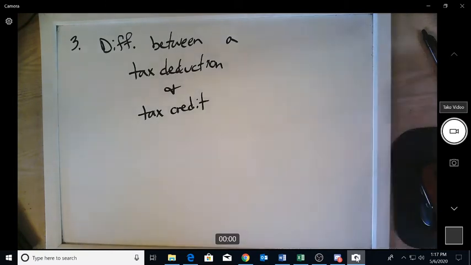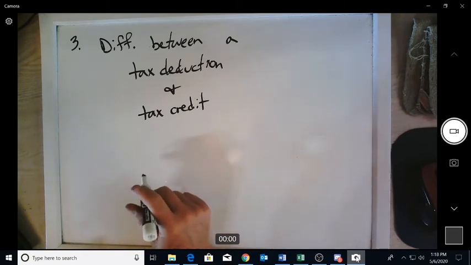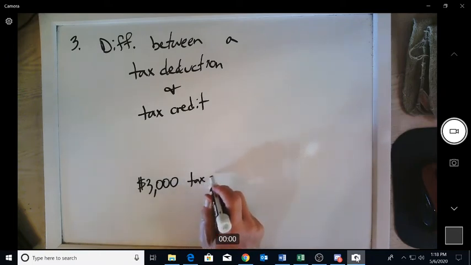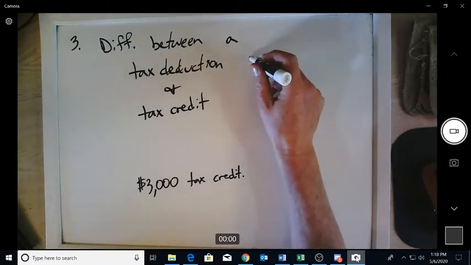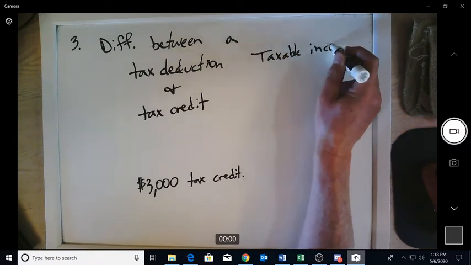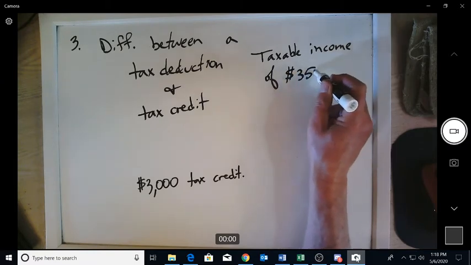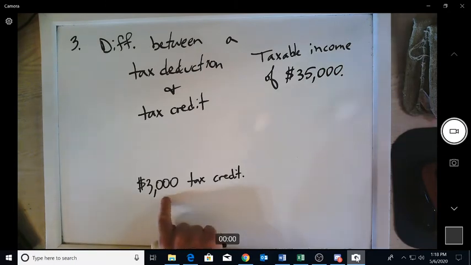All right. There was a question on exam 2 that had a tax credit in it, and the vast majority of you, it was something like a $3,000 tax credit. And let's suppose you had a taxable income of $35,000, and you had a tax credit of $3,000.